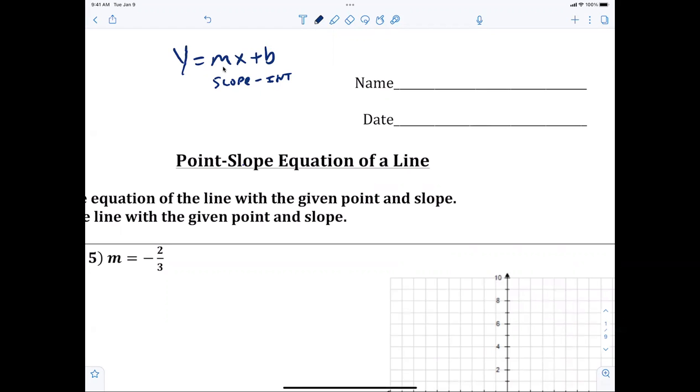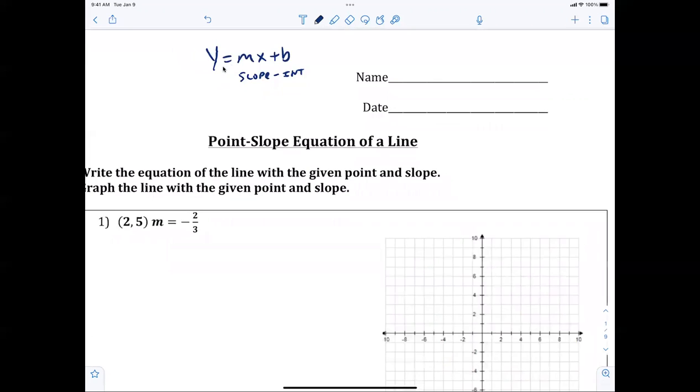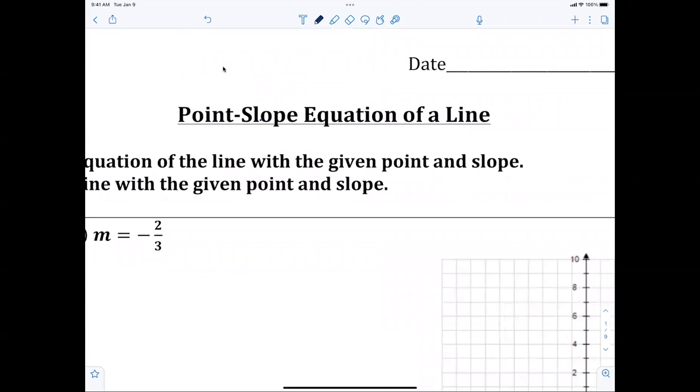All right, today we're going to learn a new form. The most popular form. It's called point slope. Why do you think we call it the point slope equation? Because there's a starting point. Yeah, I liked your starting point, but what else does it give us?